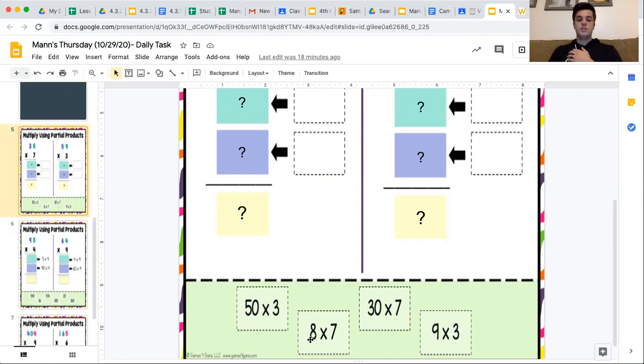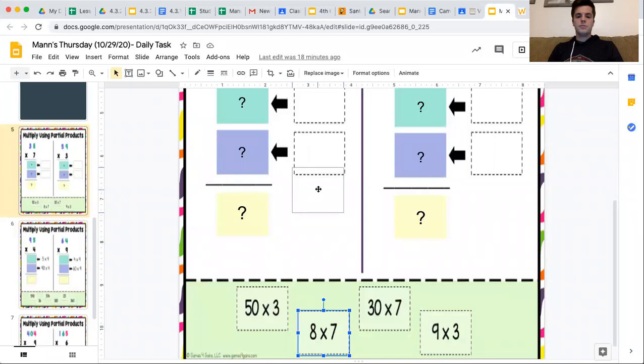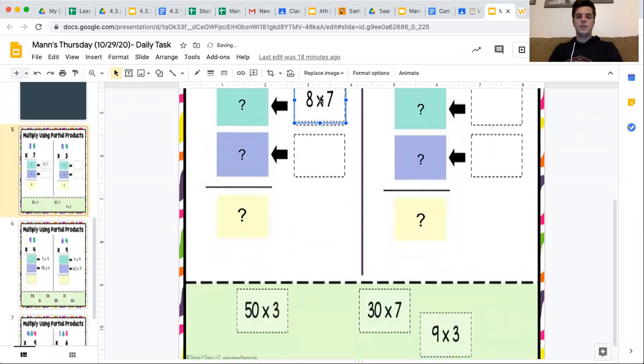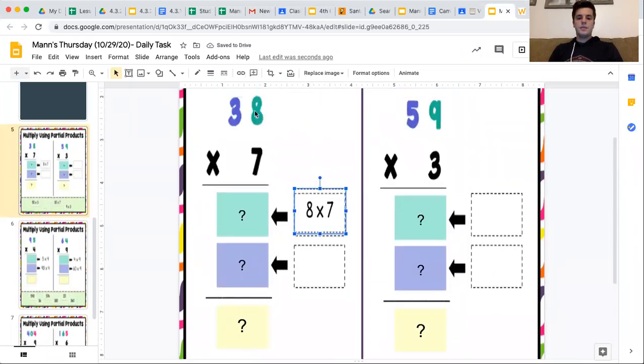We know that multiplication problems can go either way. 7 times 8 and 8 times 7, it's going to get us the same answer. So let's just drag this problem up right here. And because the 8 is green, we're going to put this next to 8 times 7. And we're going to put the answer here.